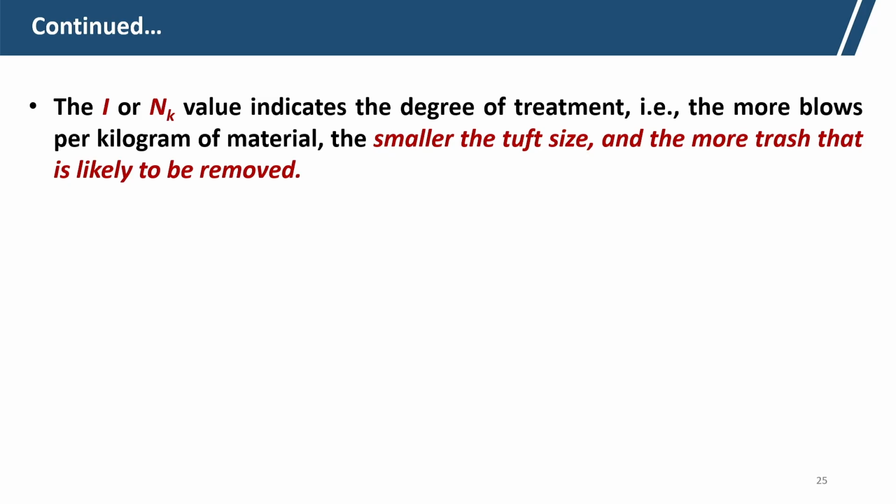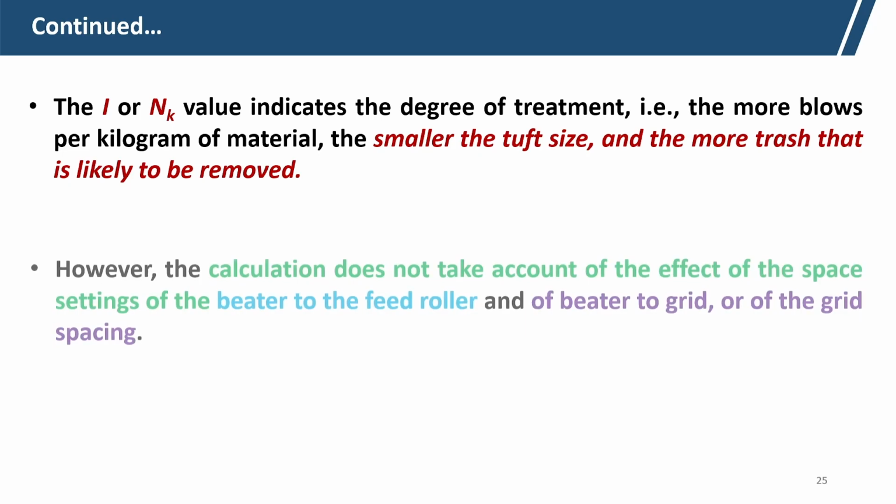The I or Nk value indicates the degree of treatment, how much beating you are giving. More blows per kilogram of the material, the smaller is the tuft, and more trash is likely to be removed. So, this shows the intensity of beating.